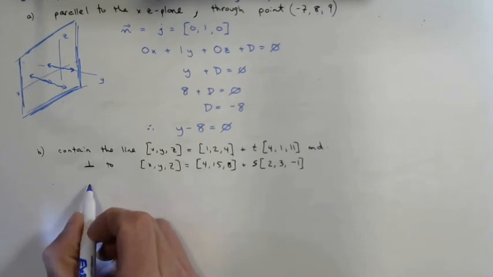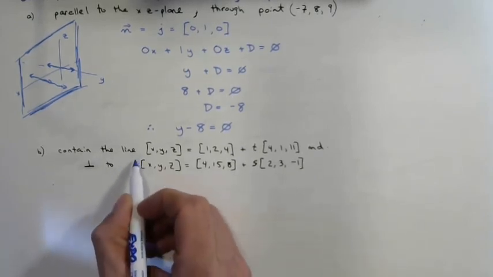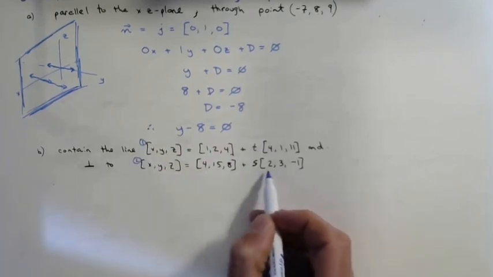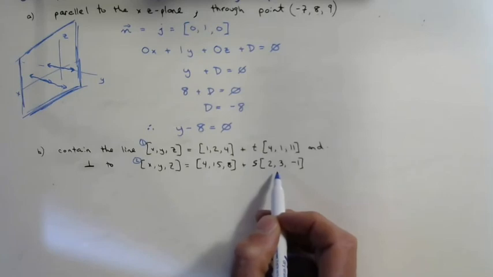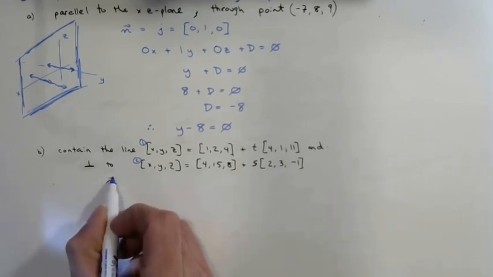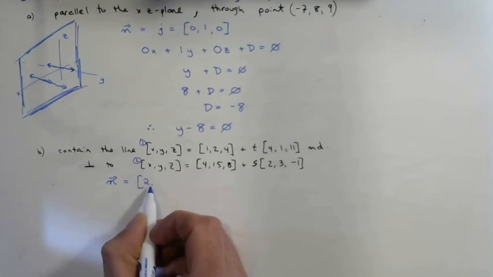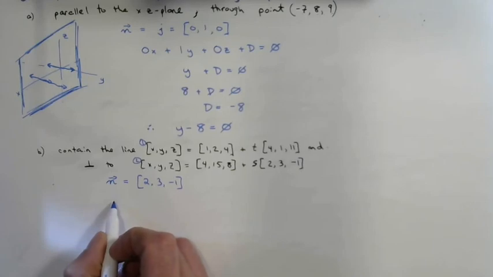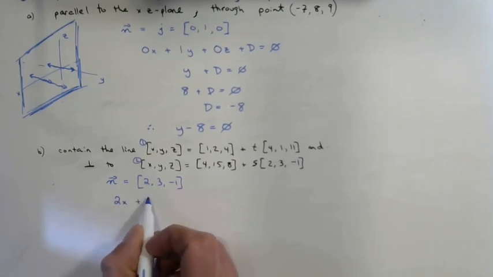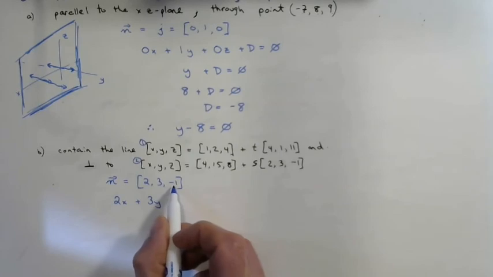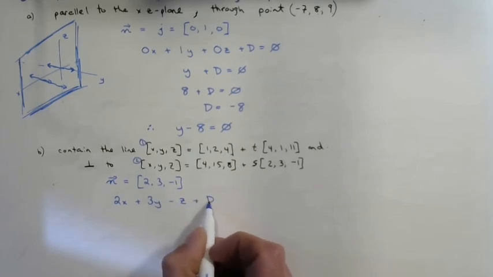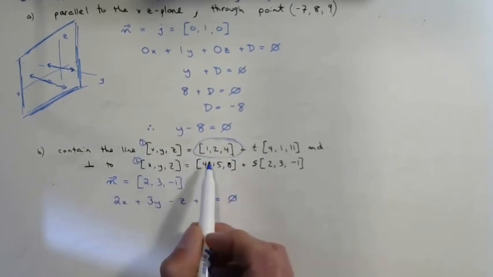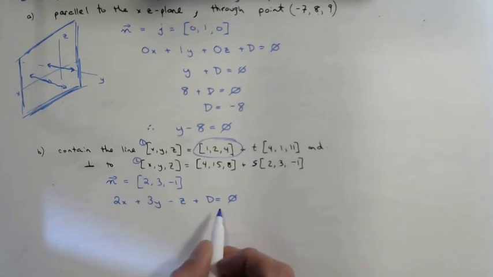Okay, since equation 2 is perpendicular to equation 1, then its direction vector can serve as the normal vector to the plane. So we're given a normal vector then, (2, 3, -1). Therefore, our scalar equation has the form 2x plus 3y minus 1z plus d equals 0. And then from equation 1, because we're given a point on the plane, we can sub that in to solve for d.